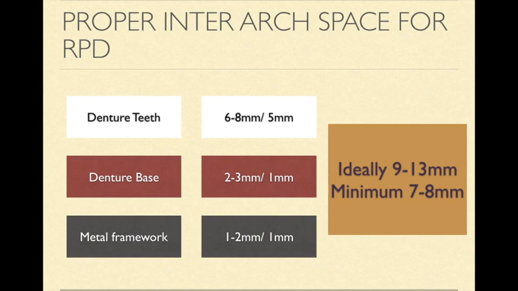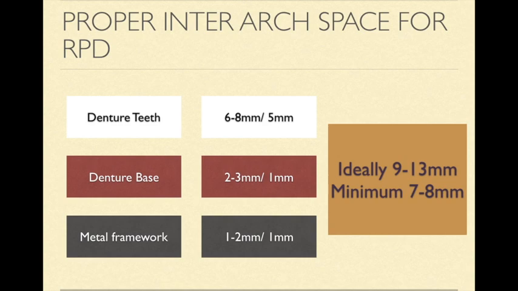So if you don't change anything, ideally you actually need at least 9 to 13 millimeters for a single arch RPD. However, you might be able to work with some minimum requirement. In that case, the metal framework could be 1 millimeter, the denture base 1 millimeter, and the denture teeth may be adjusted to about 5 millimeters for aesthetic reasons. So the minimum will be around 7 to 8 millimeters.